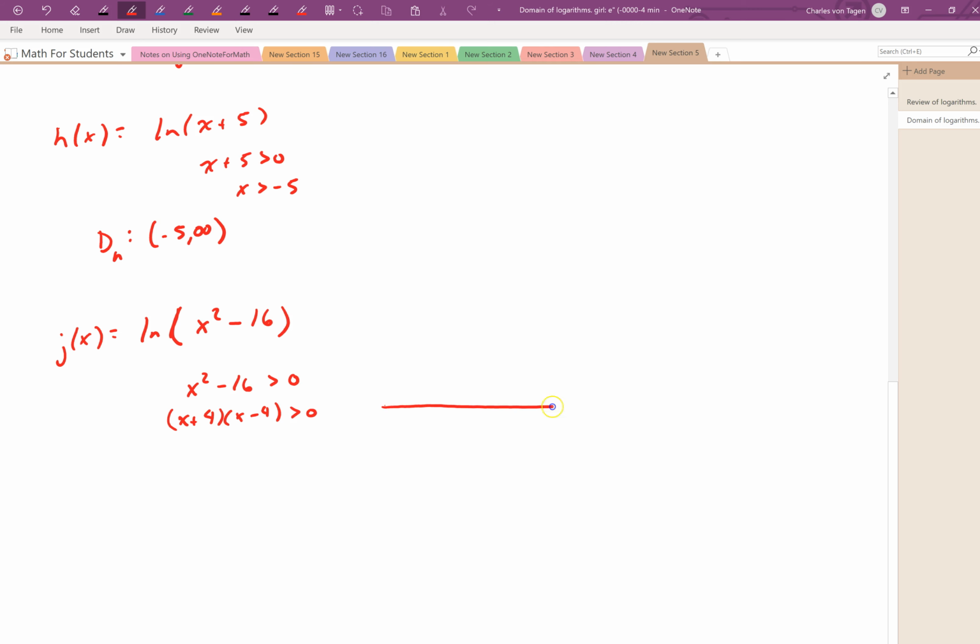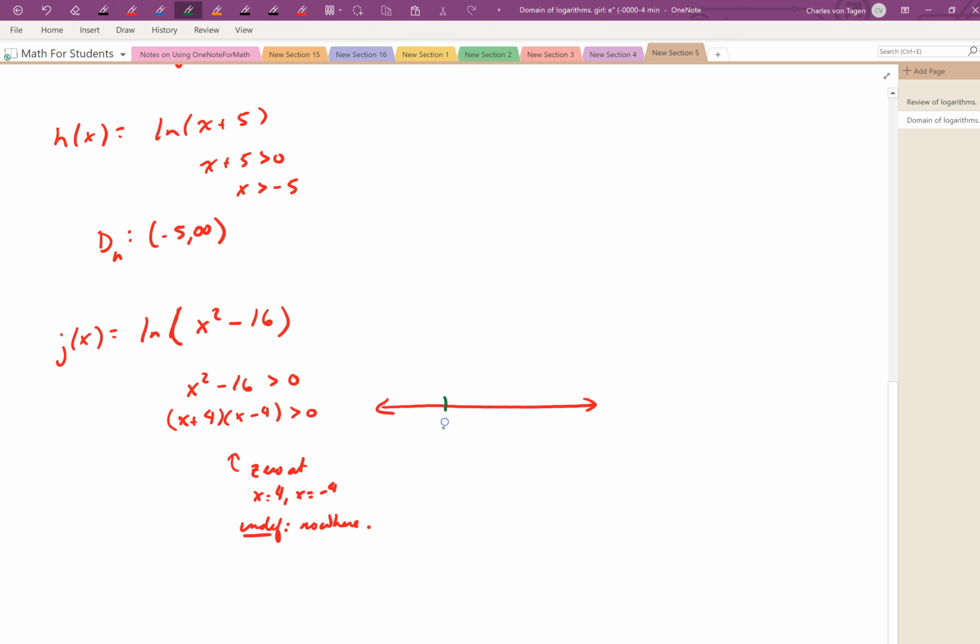And what do we do? Well, we construct a number line, and on the number line we put anywhere where the expression is 0, or where this expression on the left-hand side is undefined. So this is 0 at x equals 4, x equals negative 4, and it is undefined nowhere, meaning that I can plug any number for x into this expression.